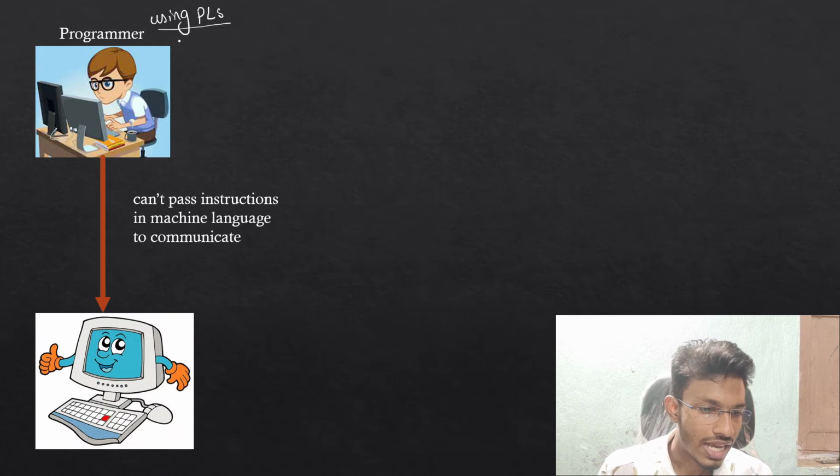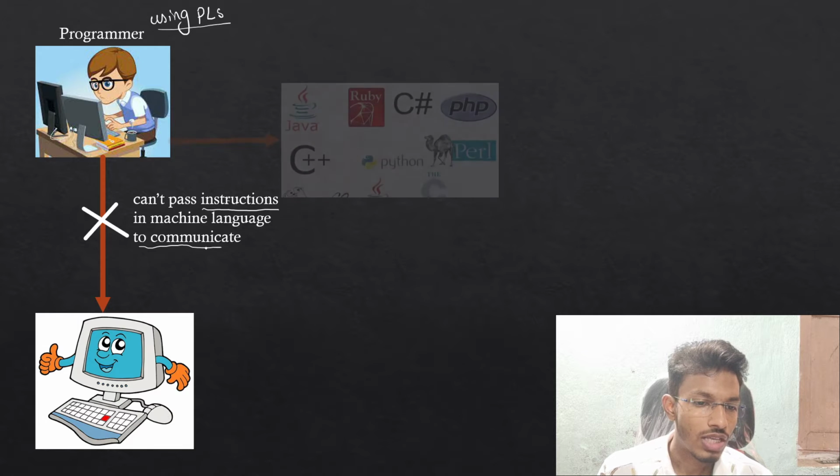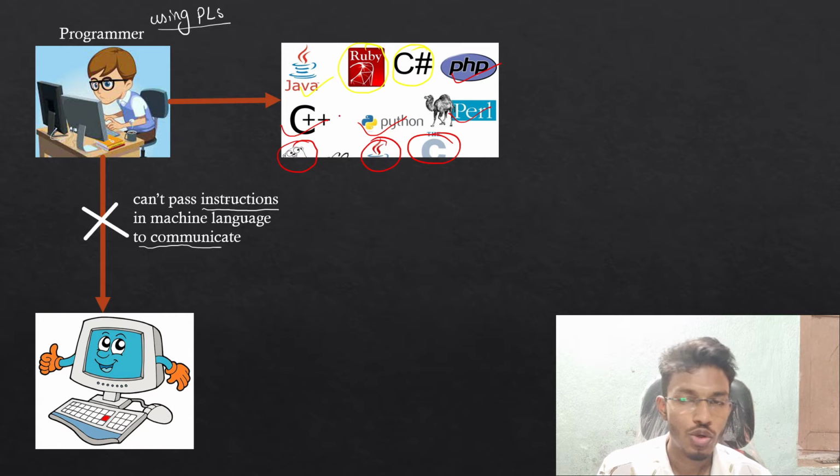He cannot pass instructions in machine language to communicate, so he will use some programming language, like Java, Ruby on Rails, C#, PHP, C++, Python, Perl, C language, Java and Golang. He can use any programming language.